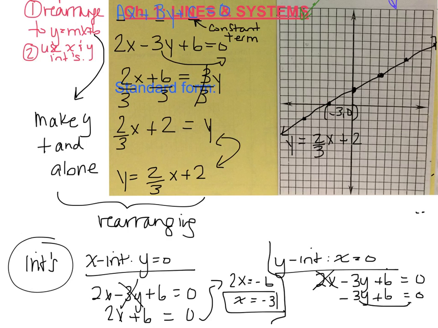So I'm going to move it over here. 6 is equal to 3y because I changed operations. It used to be subtracting 3y, now it goes over here and we're going to add 3y. So if you divide by 3, that means y is equal to 2. I'll write it over here. Y is equal to 2. So that's the y-intercept, and that's what you see up here on the graph. If we were to label it, it would be (0, 2).